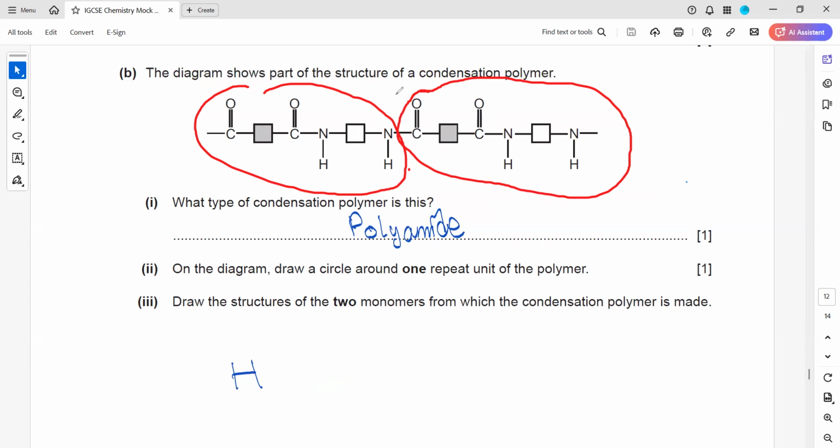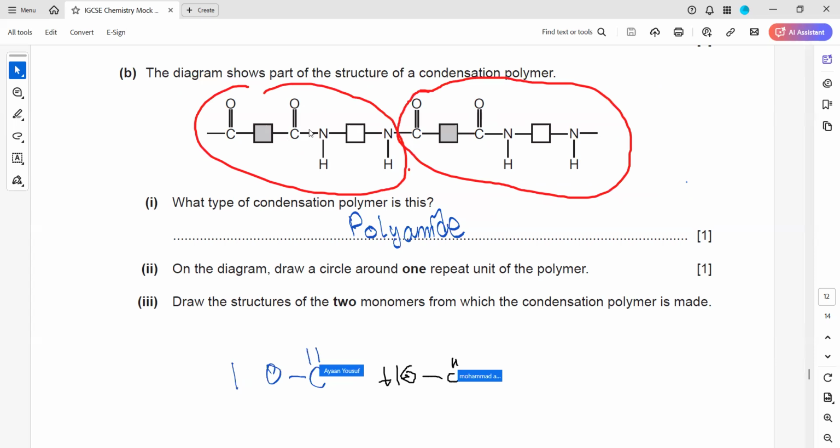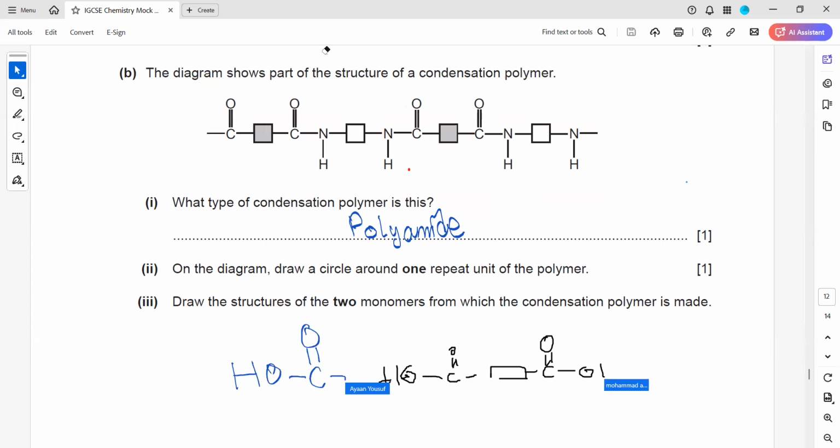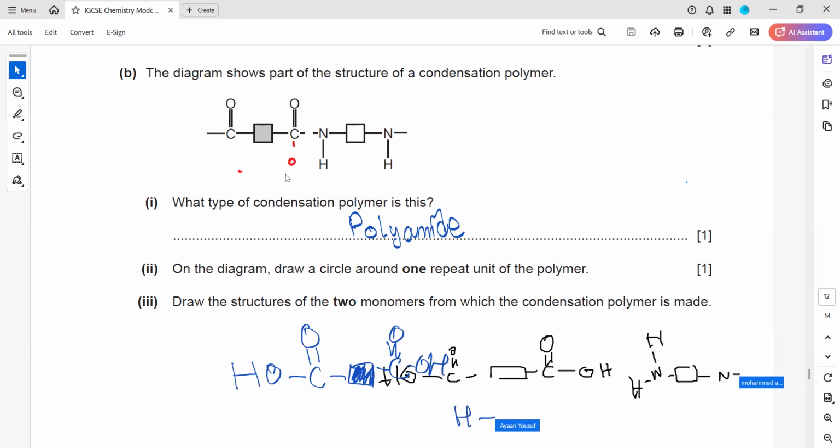Whenever we want to draw a monomer here, we separate this one. This will have OH because it's a carboxylic acid, and this will have an amine, NH.